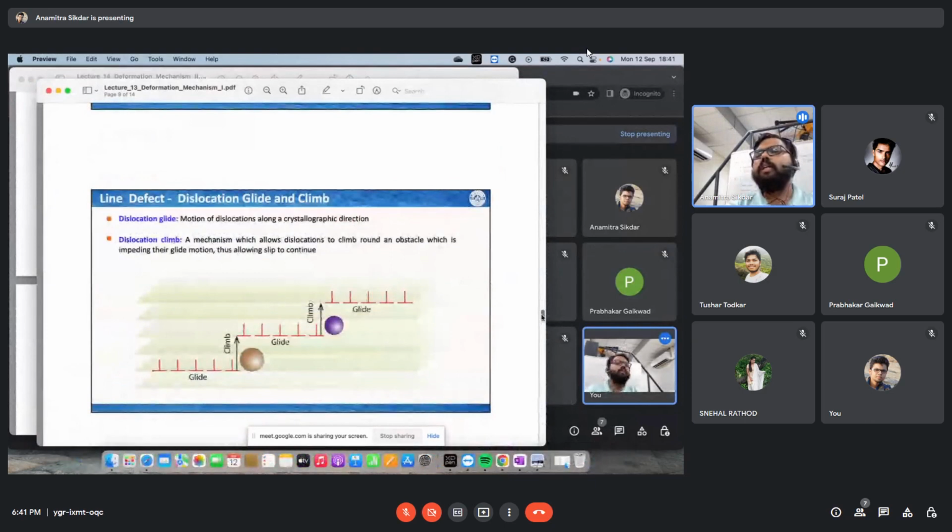So now when a dislocation moves, there is a plane of dislocation along which it is moving, and that kind of movement is called glide. But if you have some atoms in between the path, or maybe some kind of vacancy, then it will have to create new planes on the upper level.